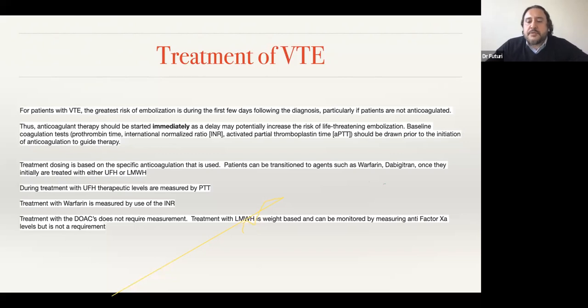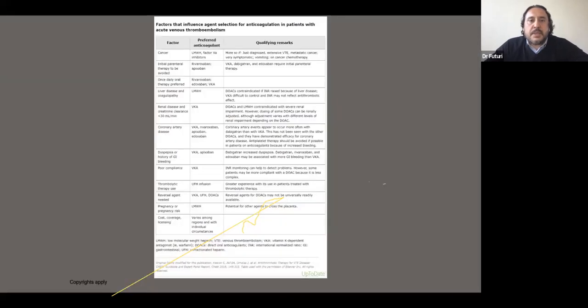The PTT measures unfractionated heparin. Warfarin, as you all know, is measured by the INR. Treatment with low molecular weight heparin does not require measurement, but if you would like to, you can check anti-factor 10A levels. So here are some factors that may influence your selection of anticoagulation in patients who present with an acute venous thromboembolism.